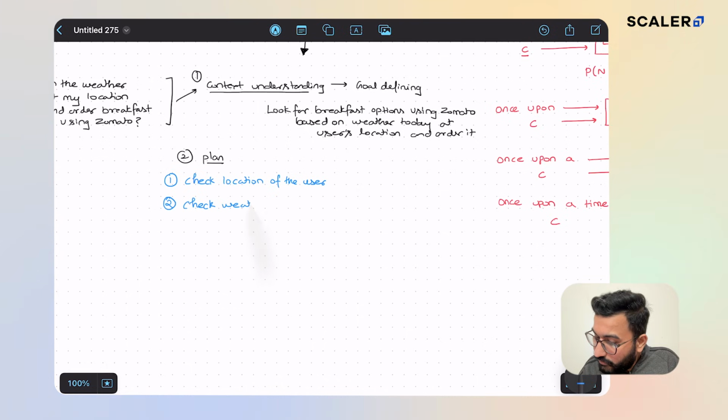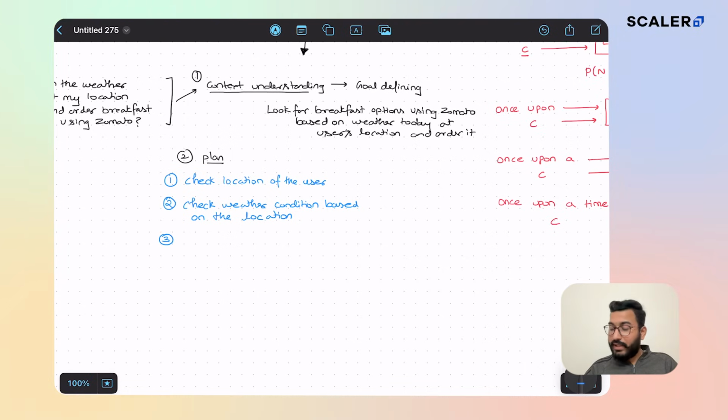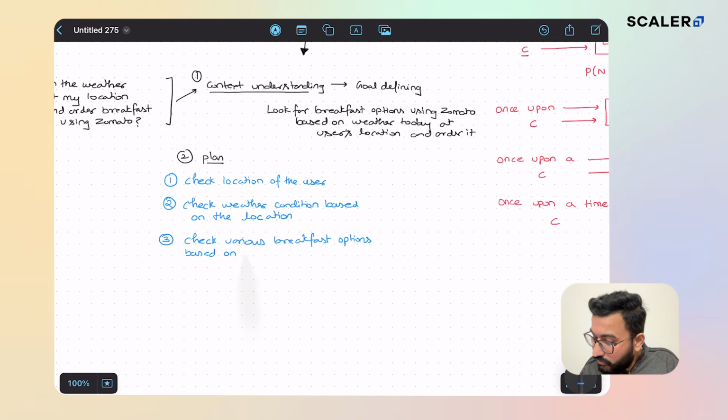Second is ChatGPT has to check the weather condition based on the location. Third thing, ChatGPT has to check the various breakfast options based on the weather and location.